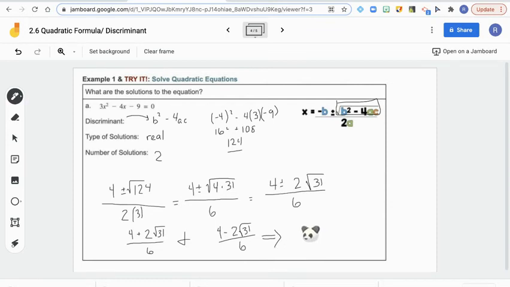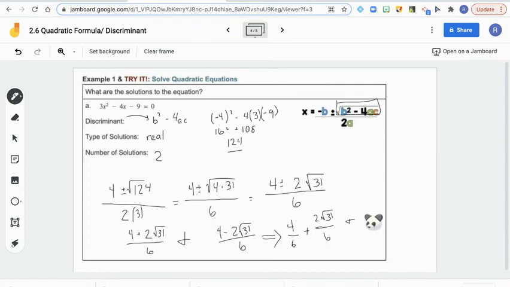And so we're going to just rewrite this so that it fits that form. Remember, anytime you have a denominator, we can divide both parts by it. So I will have 4/6 plus 2 times the square root of 31 over 6.